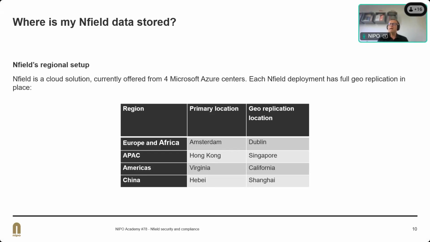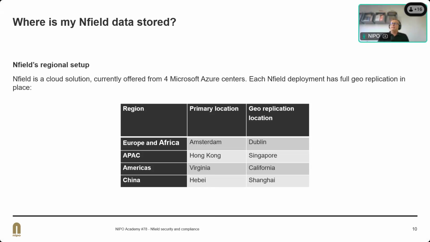So it really adds value for us to have a server within China rather than working from the Asia Pacific region. You see a primary location and then the geo-replication location. This is where the data is continuously synced to, so that if anything happens in the primary location, work can continue in case of disasters on the secondary location.